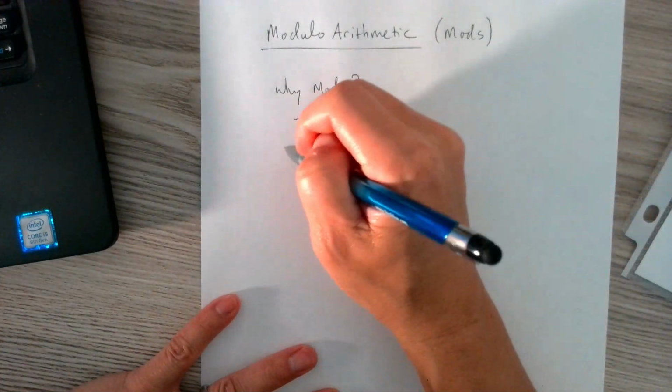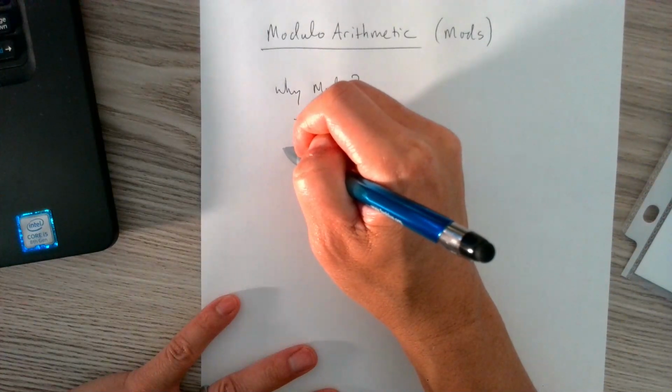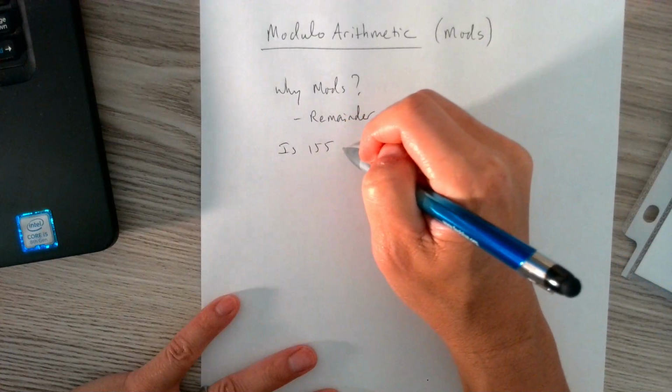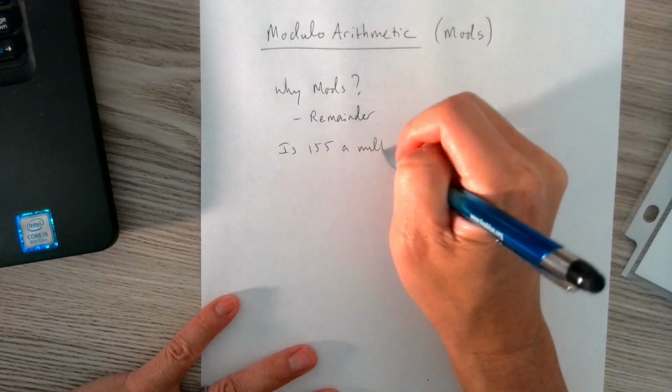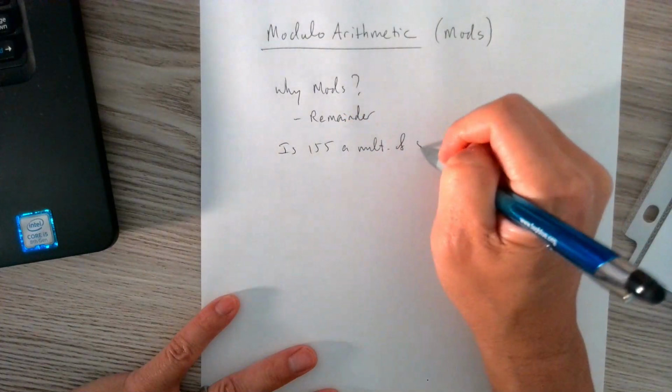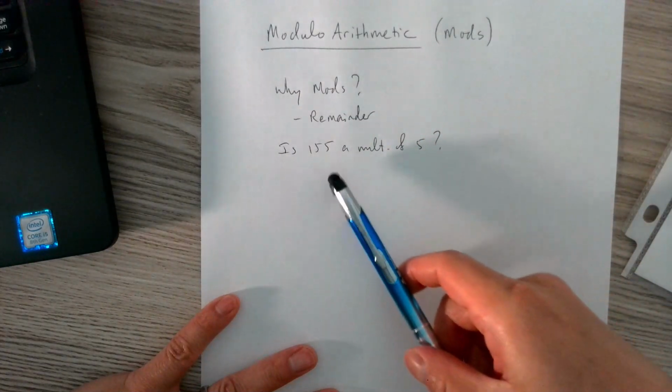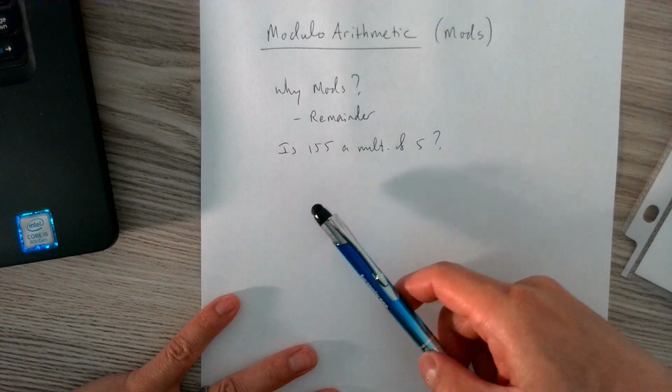Well, if I asked you this, is 155 a multiple of 5? You would say yes, of course, right? Because multiples of 5 are easy to spot.